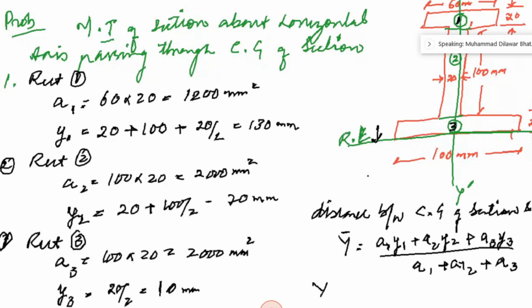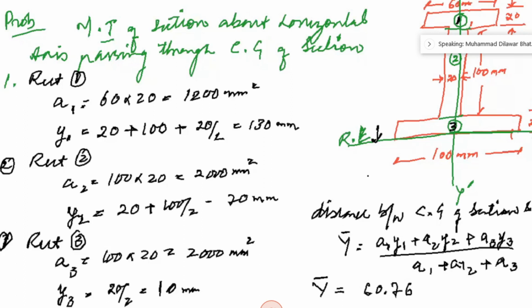Now give the values of all your details and tell me the value of y bar. Give it quickly. Be quick. 60.76. Okay, Zarka is telling 60.76.